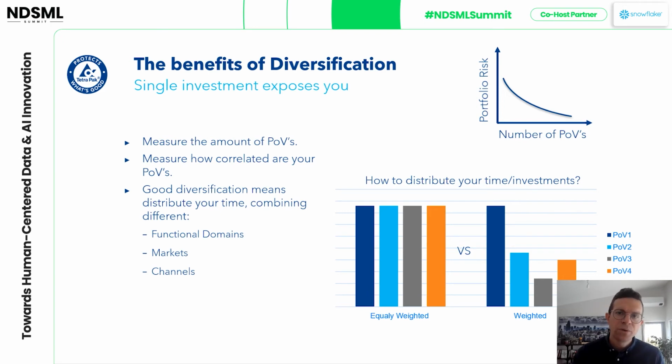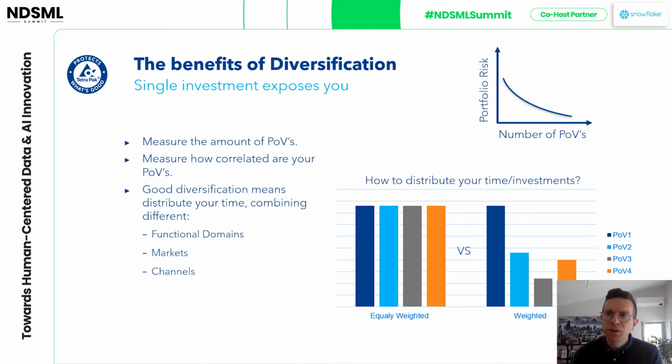This is an important aspect of your portfolio. Typically, you could have equally weighted portfolios, or you could have weighted portfolios. If you put the analogy of financial markets, if you invest in one stock, it's quite risk correlated, right?